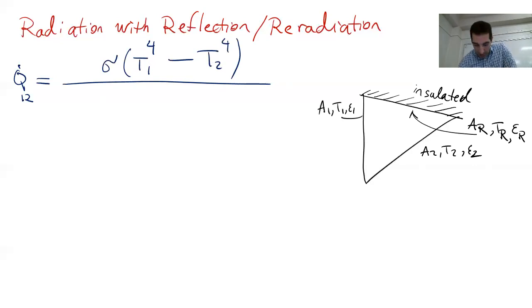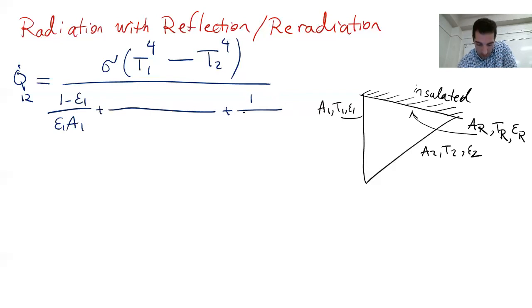And on the denominator, I have (1 minus epsilon 1) over epsilon 1 A1, plus a big resistance, which I'm going to talk about right now, and then (1 minus epsilon 2) over epsilon 2 A2.